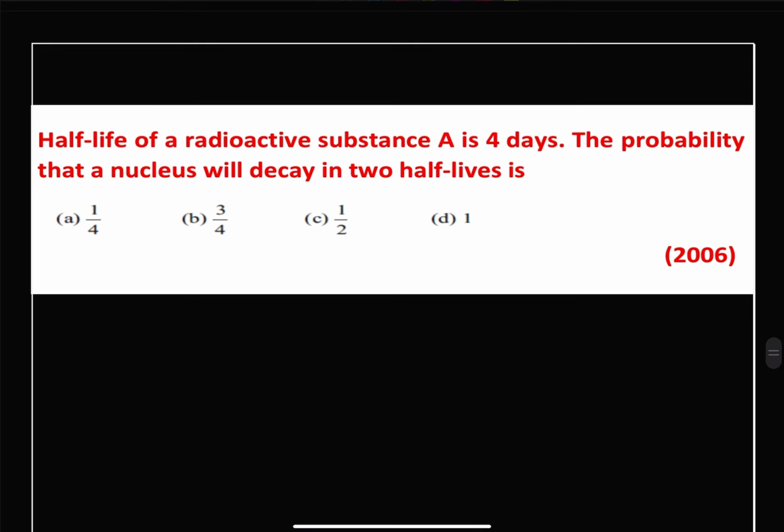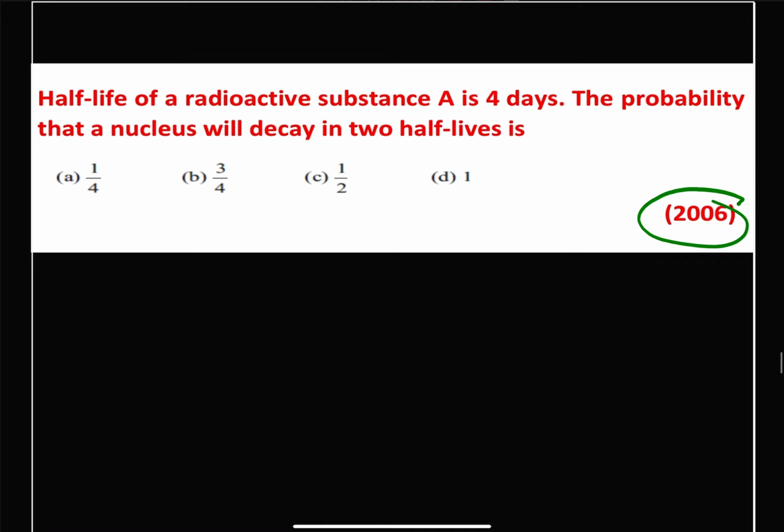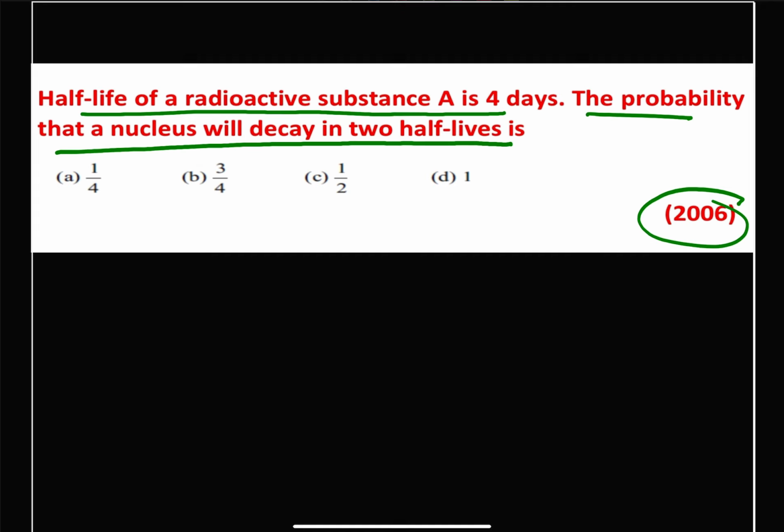Next question. It was asked in the year 2006, and it states that the half-life of radioactive substance A is 4 days. The probability that the nucleus will decay in 2 half-lives is. So half-life is given as 4, so 2 half-lives will result in 8.